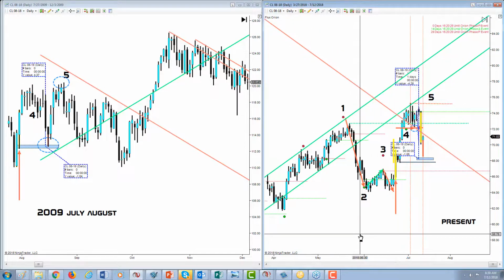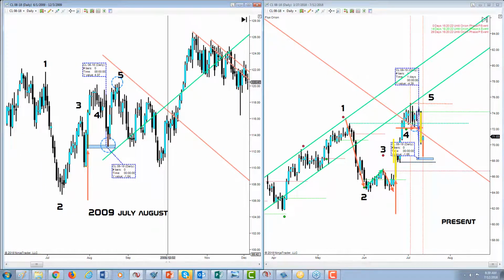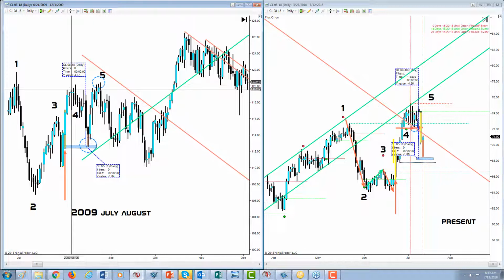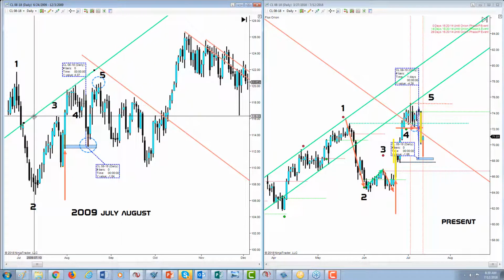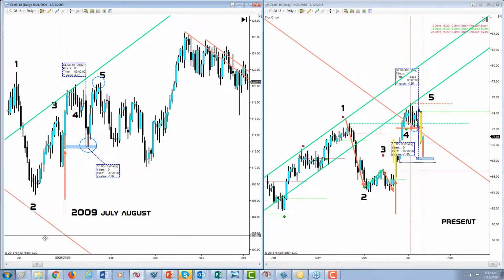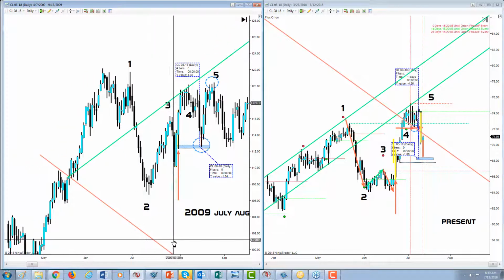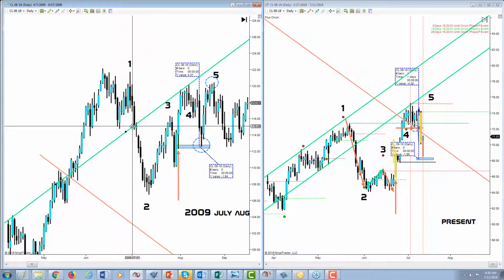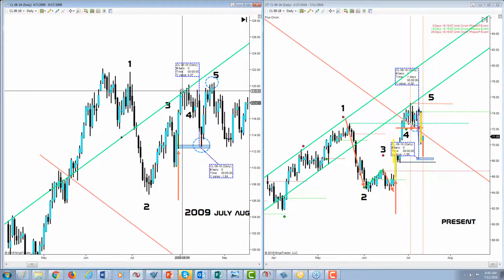So the chart on the right, we have those green angles like that. So the high up at number 4 was captured by the green line. So I'm going to take this and we're going to define that high over here.